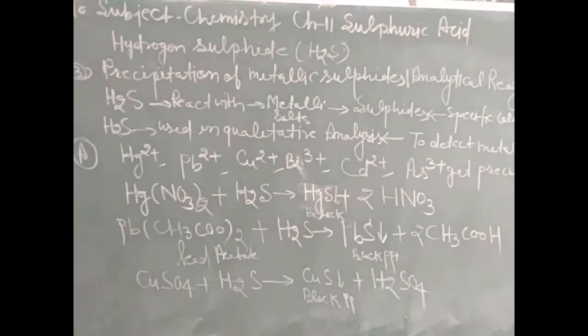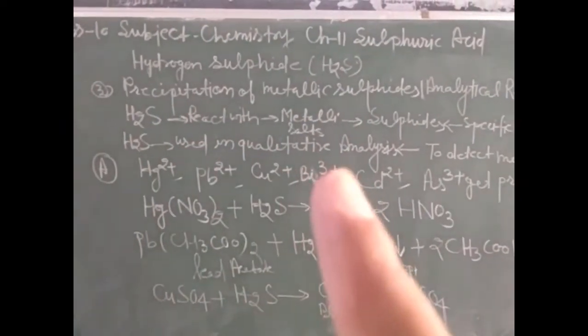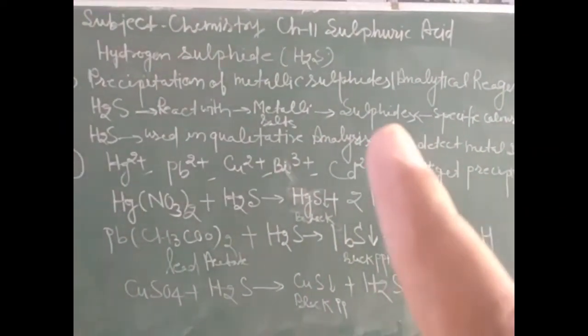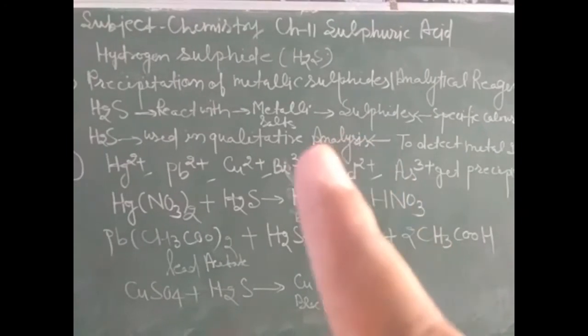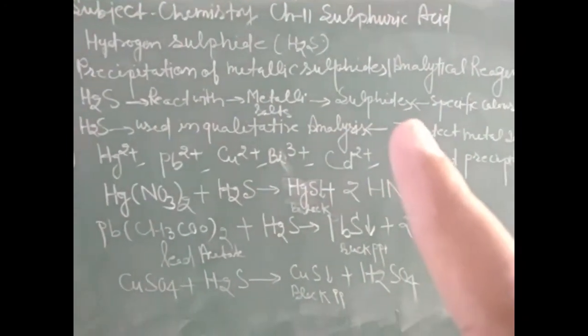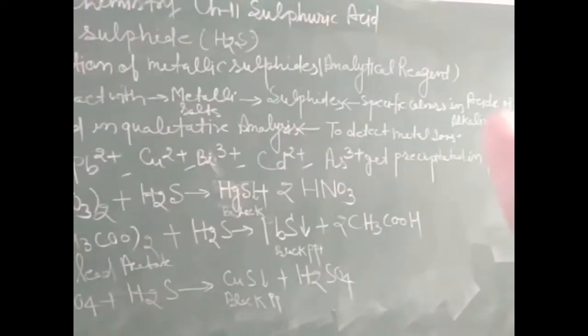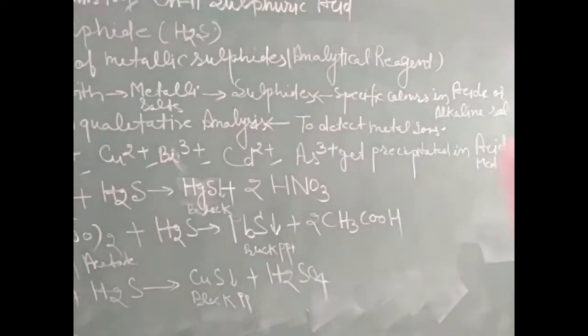We know that H2S reacts with metallic salts to form metallic sulfides. And these metallic sulfides give particular specific colors in acidic as well as alkaline solution.